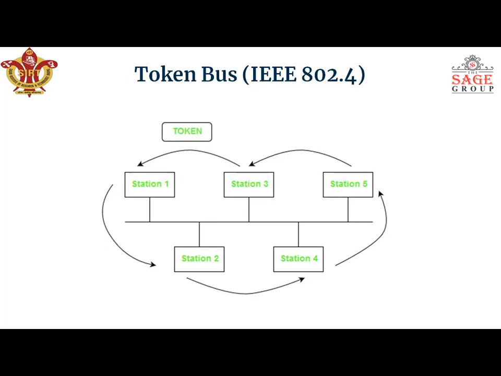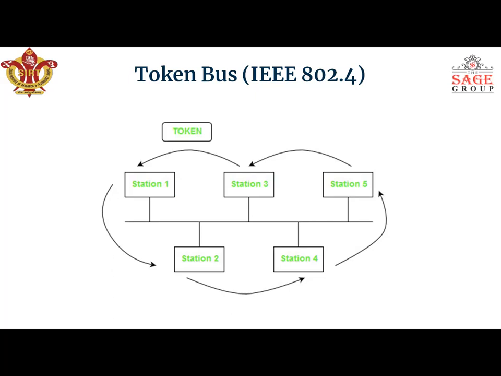Whenever any station wants to transmit data, it first needs to claim a token. That means the token must be removed from the logical ring, and instead of that token we pass the data packet along the logical ring.